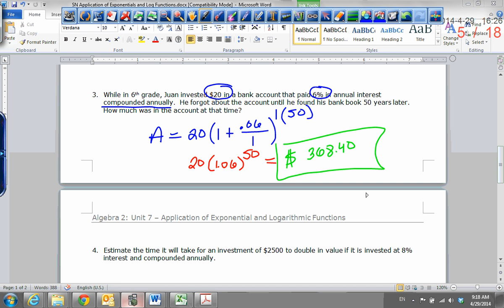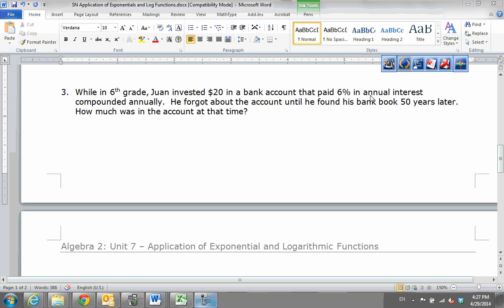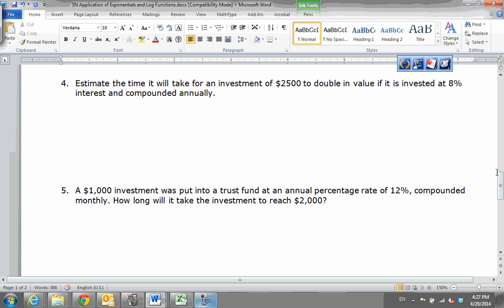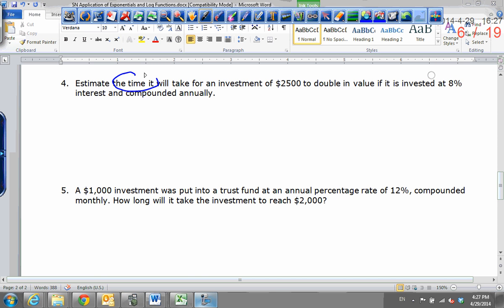Alrighty, let's move on. Number 4, anytime it's asking for time, we got to work backwards. So for this one, if it says estimate, find, or predict, or whatever the time, that means we're going to have to be taking the log of both sides. It's compounded annually, $2,500 to double, so that would mean we start with $5,000 on the left-hand side.